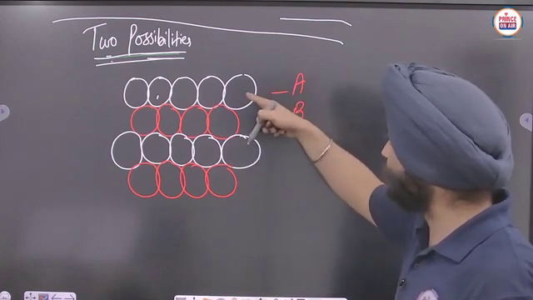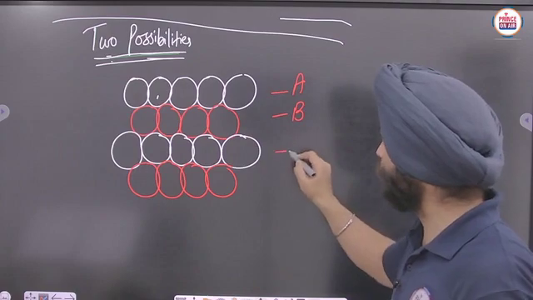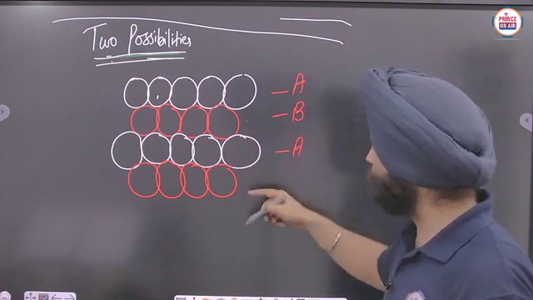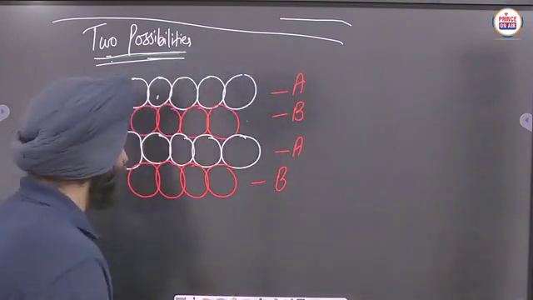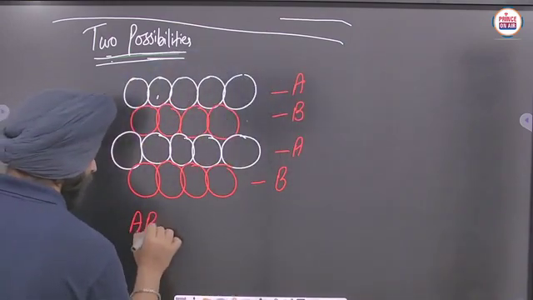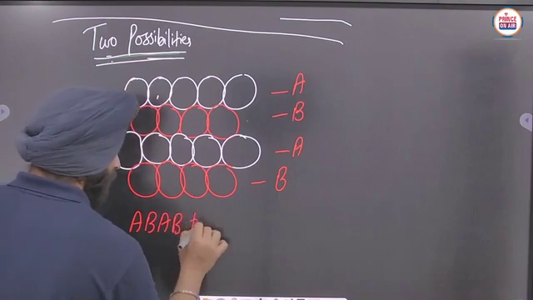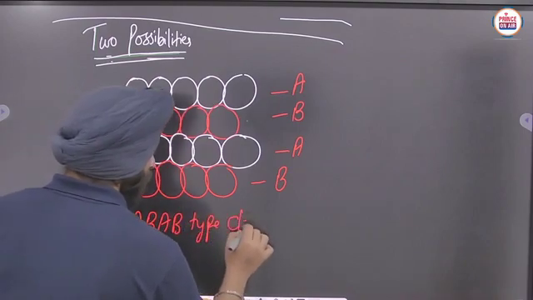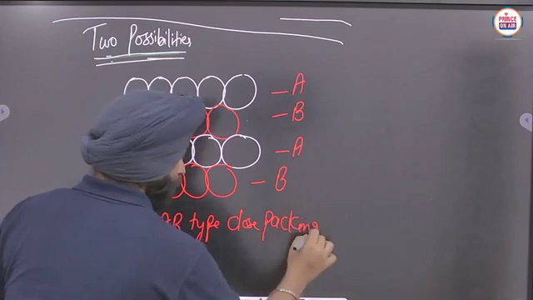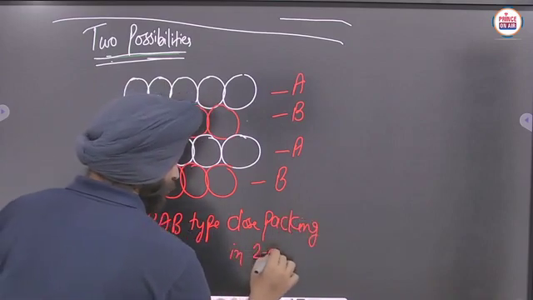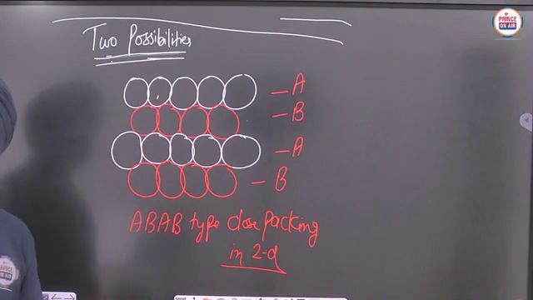So this one is A and it will also be A, and these are similar, so we consider it as B. So these types of close packing will be considered as AB type close packing in two dimensions. Clear?